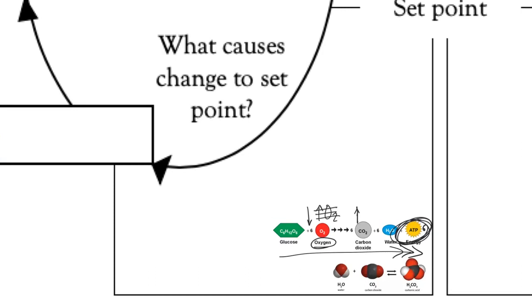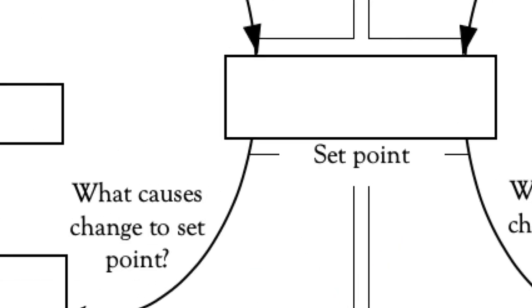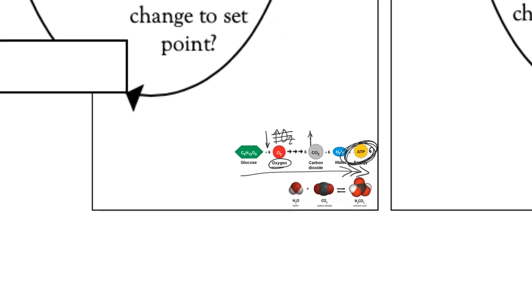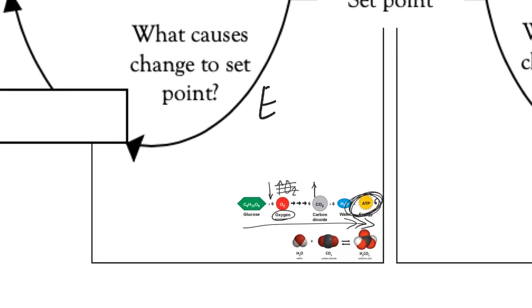So what's going to cause a change to the set point of oxygen, right? What's going to cause a change in that set point is exercise. Boom. Or not breathing enough, or really anything that's decreasing your oxygen, but exercise is going to decrease oxygen most commonly.